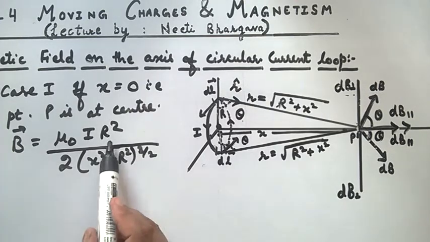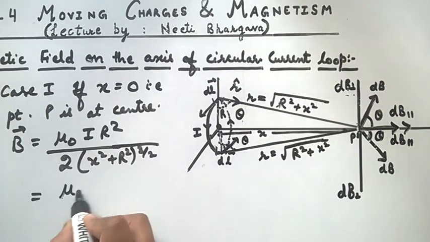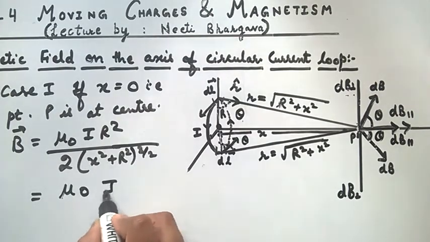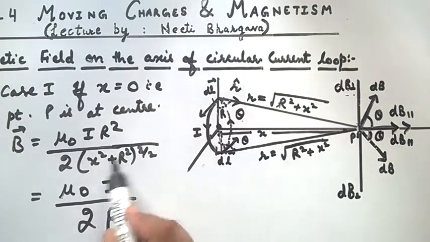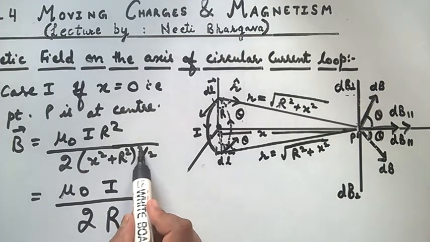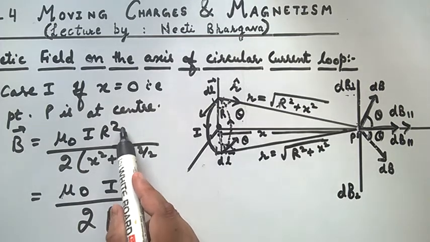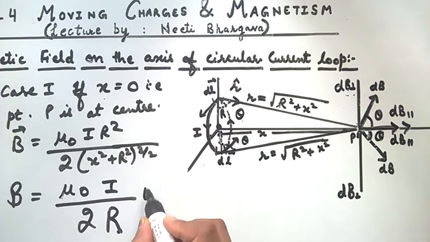So here if x is 0, therefore we are left with mu naught I by 2R, because this term will become 0. Here R cube is cancelled by R square, we are left with only R. So this is the value when x is equal to 0, at center and along x-axis.